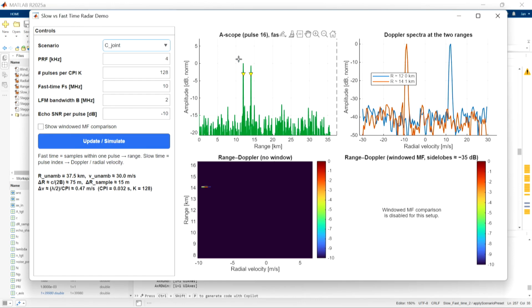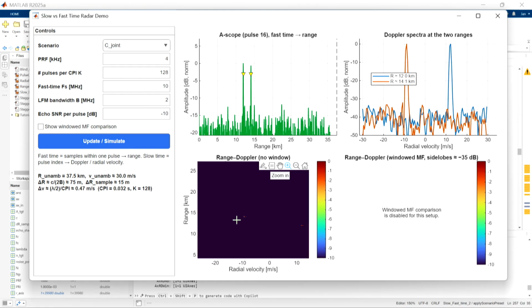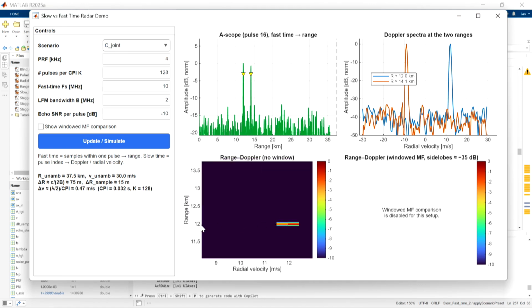Joint means different position, different speed. Okay, I will reset. You can see different position, different position. One is at 14 kilometers, and the second is at 12.